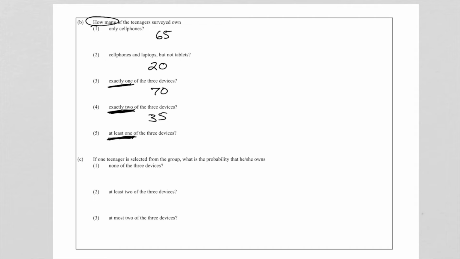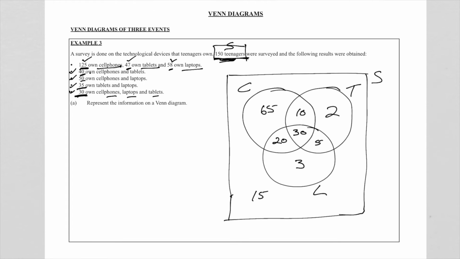So the only part that is excluded, if we go back to the Venn diagram, will be this 15 that is outside. So at least 1 means those who own 1 device, those who own 2 devices, and those who own 3 devices. That means at least 1. So we must add up everything inside, which we did before when we calculated the 15.